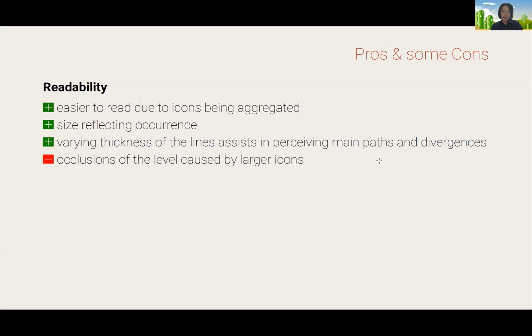Here the aggregated one was much better received in terms of readability than the non-aggregated one, because people thought that the visual elements were more readable and better distinguishable from each other since the representation was less cluttered. The icons were aggregated, with the size of the icon reflecting the amount, and also the thickness of the lines, making it clear where the main paths have been, but also where the divergences from it have been.